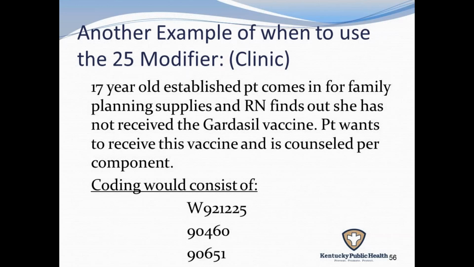I'm not sure if the payers are paying it like that, but I'm hoping that they are, because this is correct coding. So it should be the W9212, which is your limited visit with the 25 modifier, and then your 90460 for the administration of the vaccine, and then the 90651, that's the HPV9. So just something to think about.